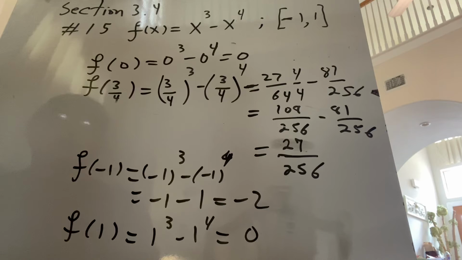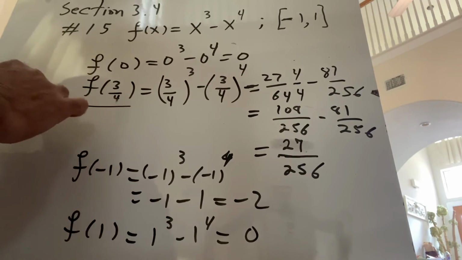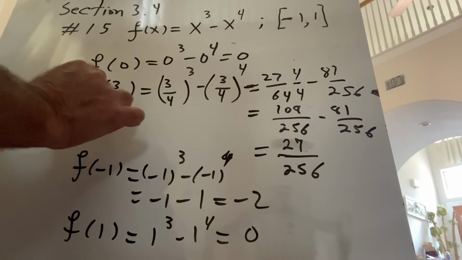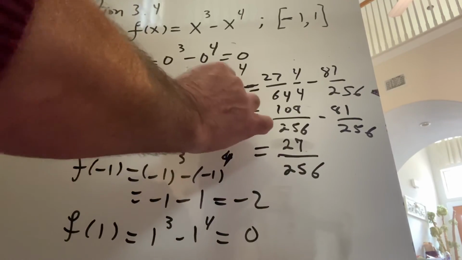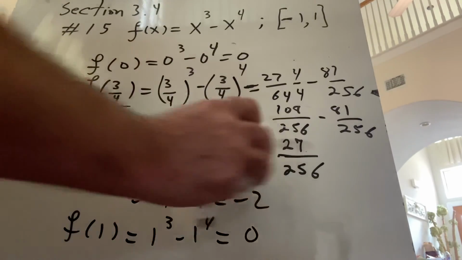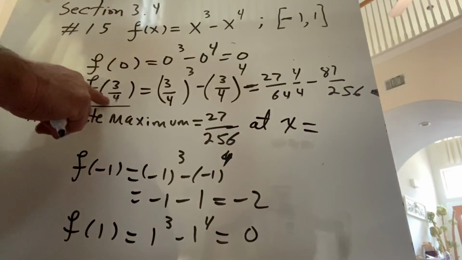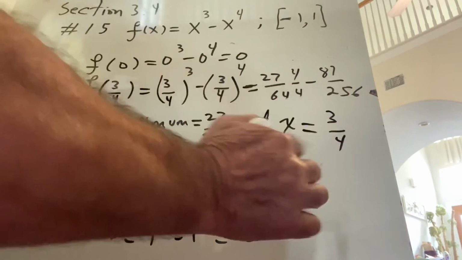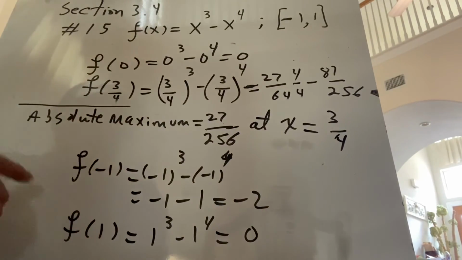Let me go ahead and finalize this. Absolute maximum equals 27 over 256. Remember, that happened at x equals 3/4. We also add where it happens, because they always want to know where it happens. And we can also see that f of -1, which is -2, is your absolute minimum, which happens at -1.